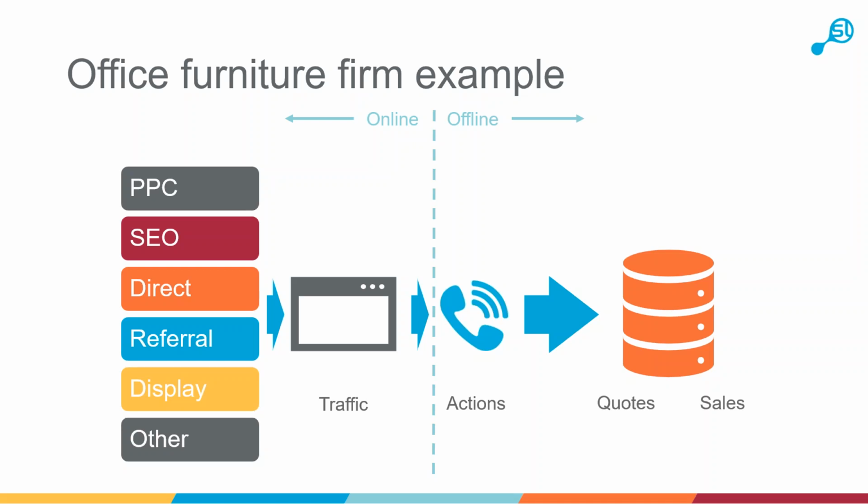We would like to understand what happens and value the channel activity properly based on what is happening online and offline, but at the moment we're only seeing online. There are actions such as quotes and phone calls that are happening offline, and then ultimately sales that we have no visibility of.